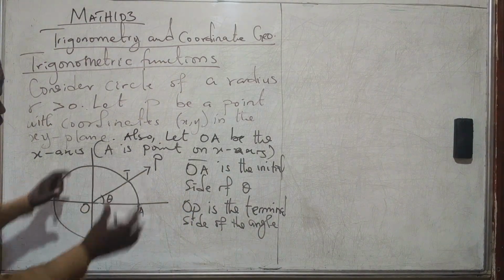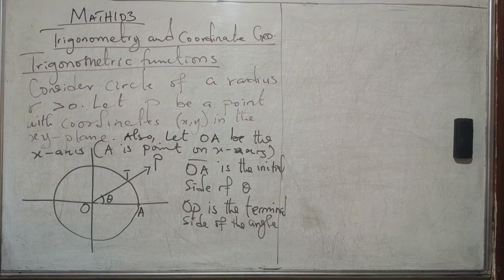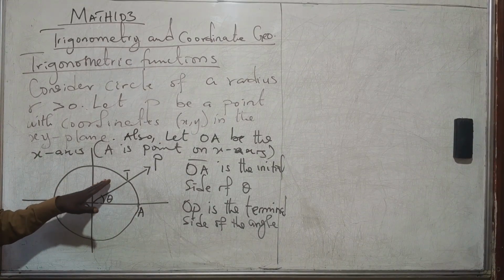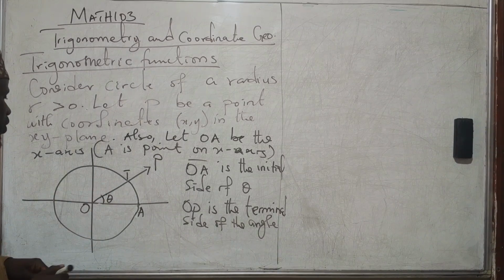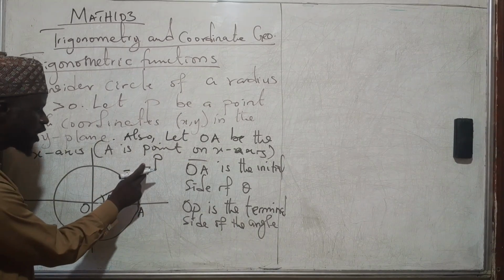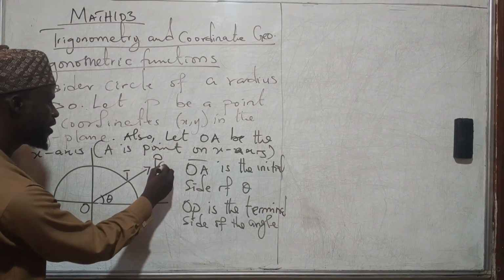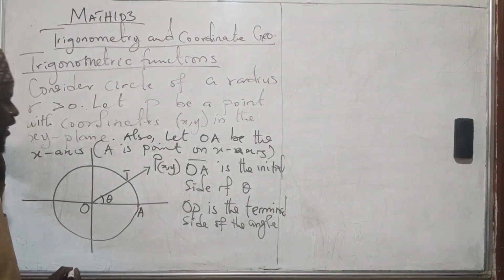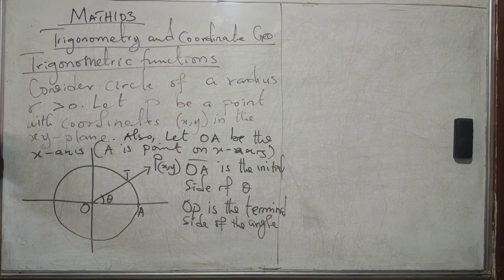So now we are going to consider the angles theta in various quadrants. So here theta is in the first quadrant because the point P is lying in the first quadrant. Its coordinate is x and y.